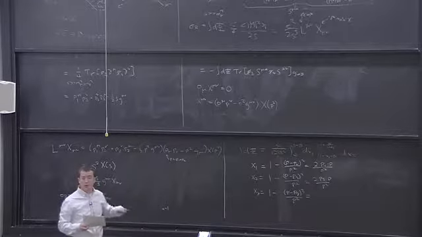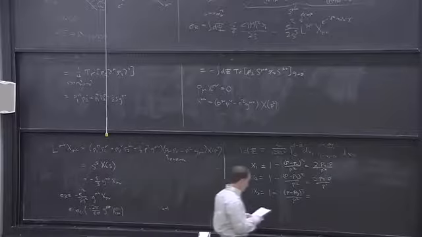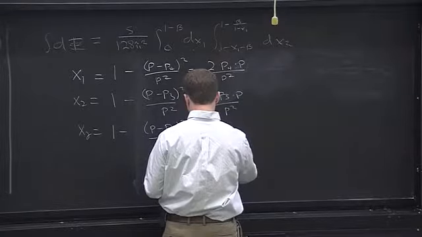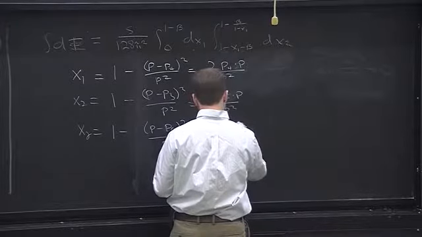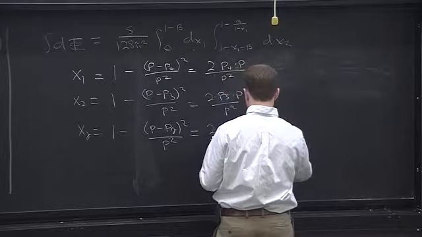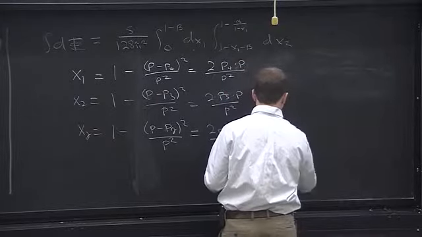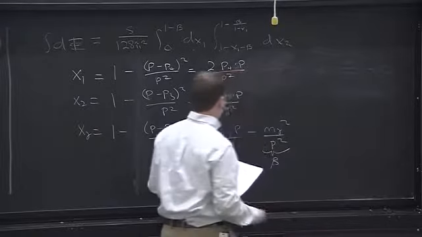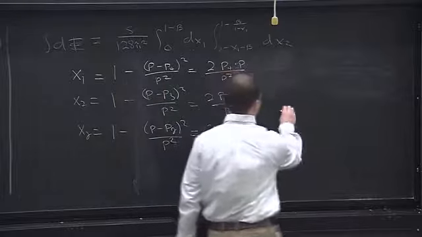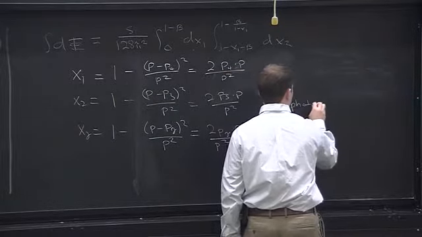So we can regulate it in the same way we did before by introducing a photon mass. In that case, this final expression will change, and we get an extra term from the mass, m gamma squared over p squared. This is what I've defined to be beta. So we have the same photon mass to regulate the IR divergence.